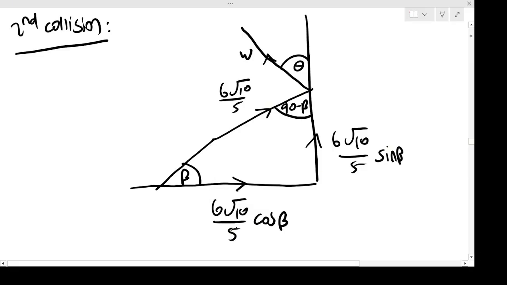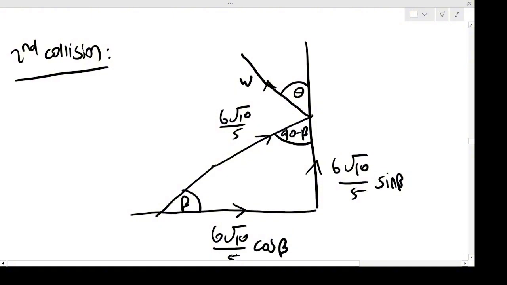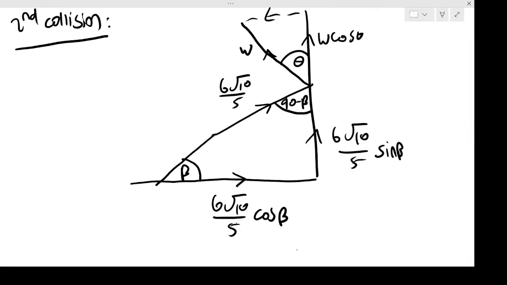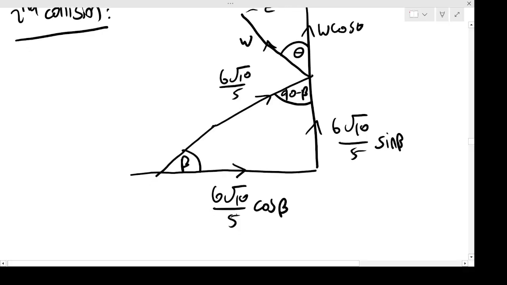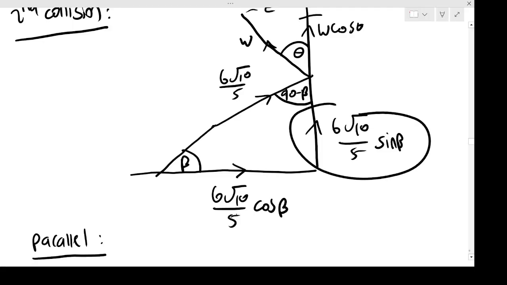Hopefully happy with that. Again, then straightforward. We're going to go across and up here. So this is W cos theta and W sine theta here. Right. Okay, so then I'm going to do the parallel and perpendicular. But remember, I'm considering the second wall here. So firstly the parallel parts. The parallel to the vertical wall is going to be this and this part here.